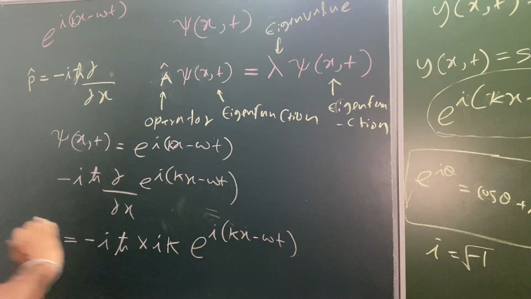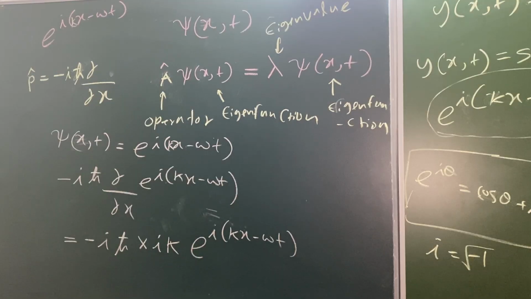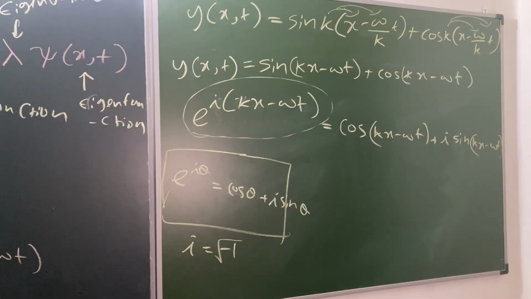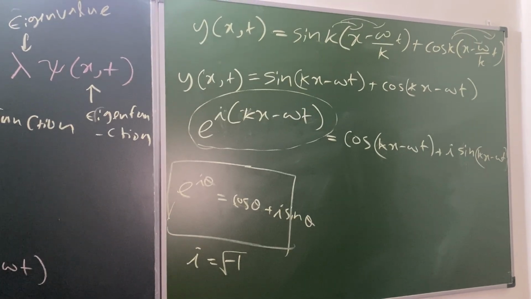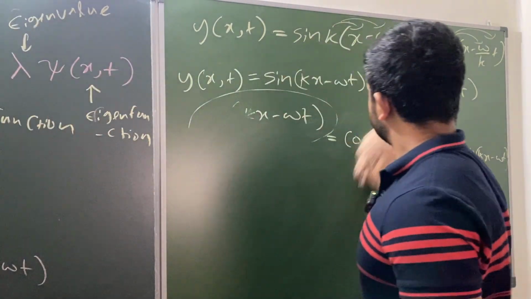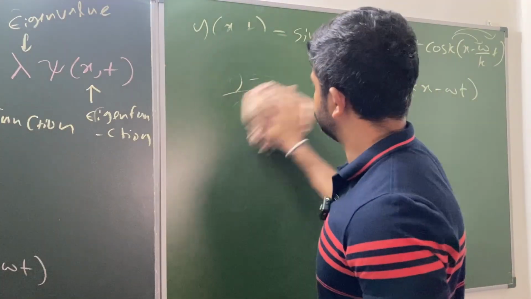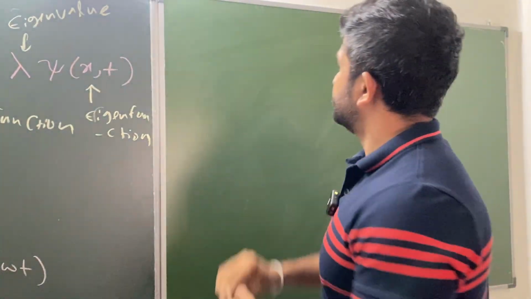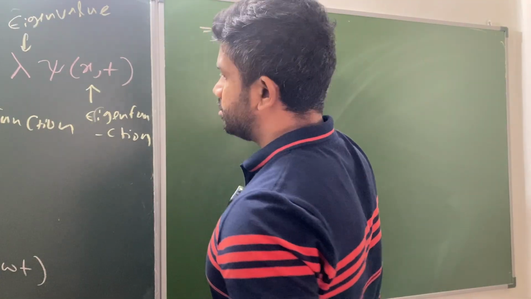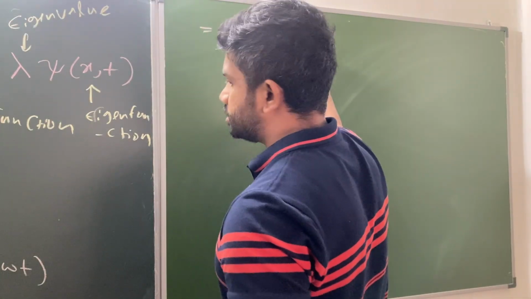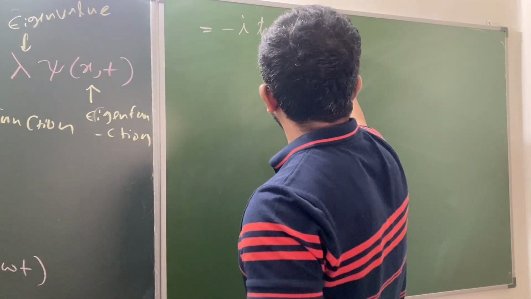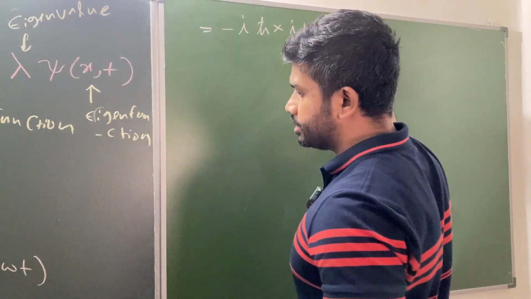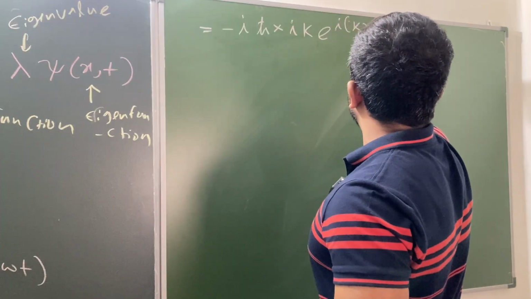This is something very important. Let me move on to the other side. If I just recall what we have got here, we have a term like this: minus i and h bar times again i, and here k, and here e to the i kx minus omega t.